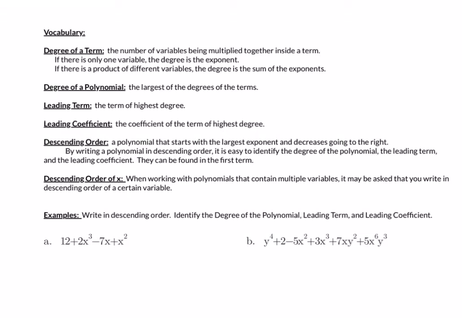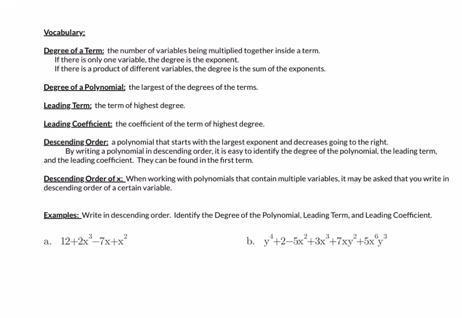All right, a little bit more vocabulary. Once we've determined our polynomials, we want to look inside our polynomials. So we have something called the degree of a term. This is the total number of variables being multiplied together inside a term.